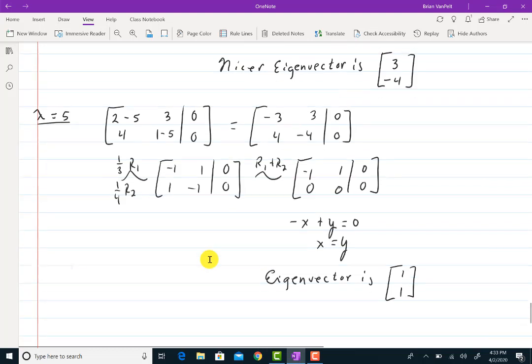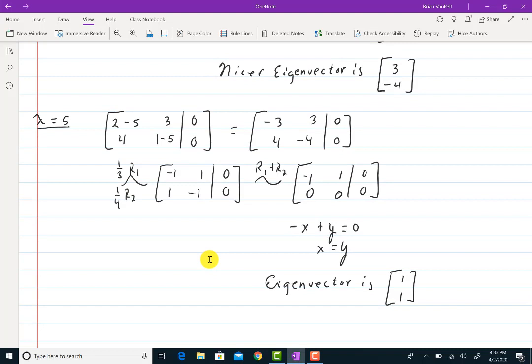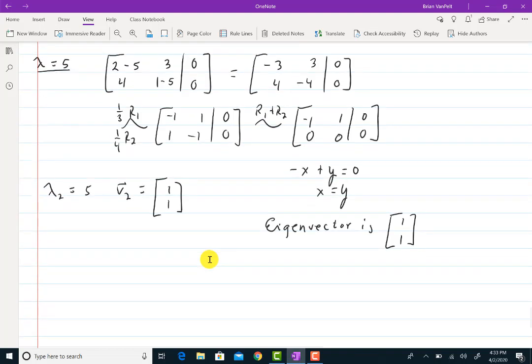So do I have enough? It's a 2 by 2 matrix. I need 2 eigenvectors. Lambda 2 equals 5, v2 equals 1, 1. So I have enough eigenvectors. I have 2 eigenvectors. Are they linearly independent?